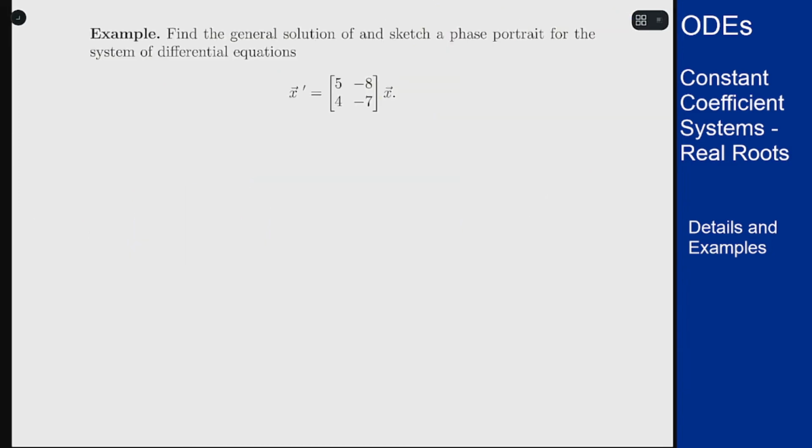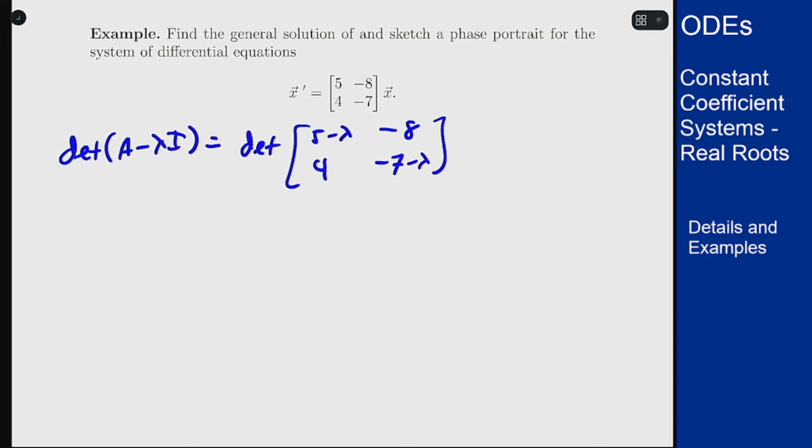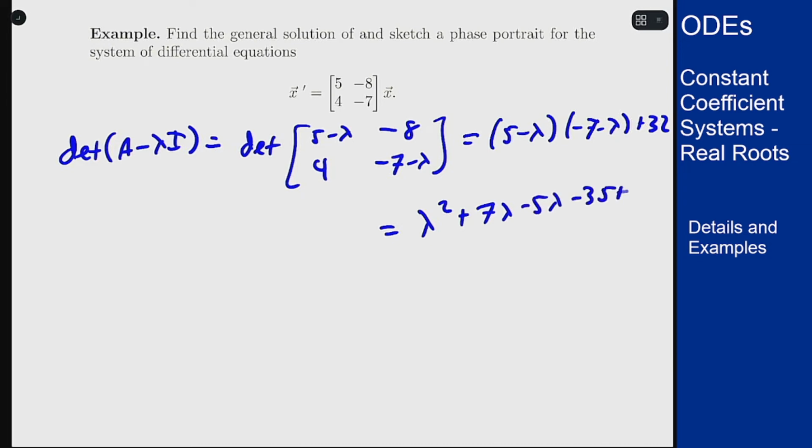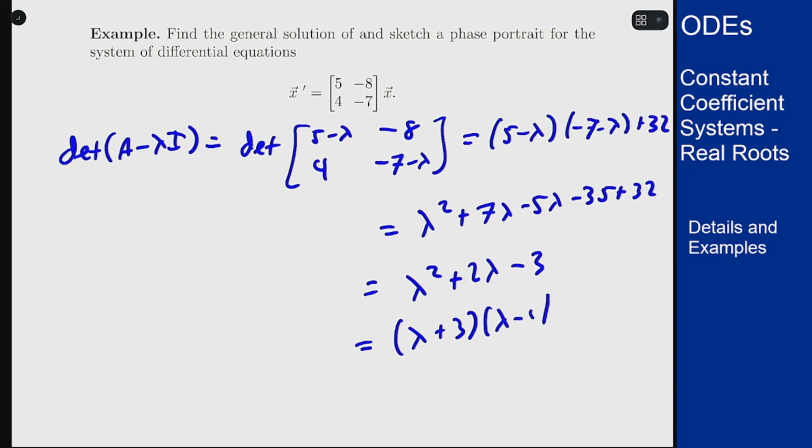For a second example, we have the matrix 5, minus 8, 4, minus 7, and we follow the exact same process here. Find the eigenvalues, also the determinant of this matrix: 5 minus lambda, minus 8, 4, minus 7 minus lambda, which is 5 minus lambda times minus 7 minus lambda plus 32: lambda squared plus 7 lambda minus 5 lambda minus 35 plus 32, lambda squared plus 2 lambda minus 3, which is lambda plus 3 times lambda minus 1.